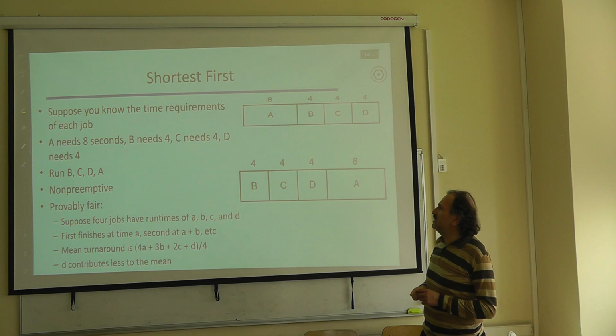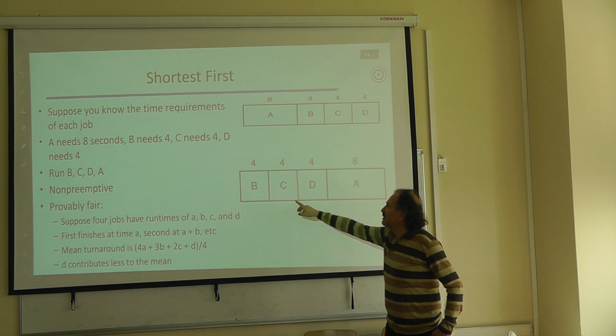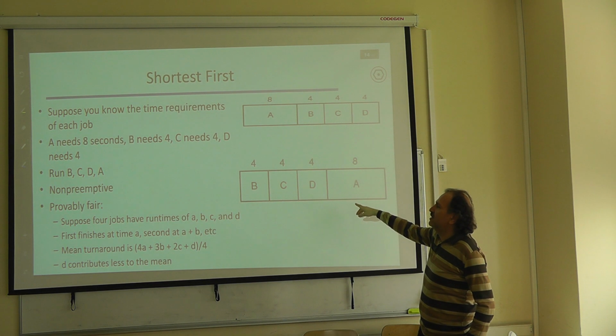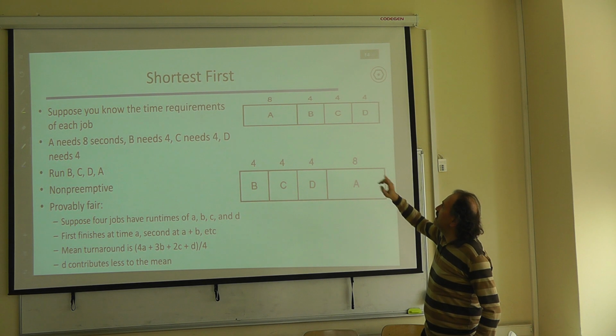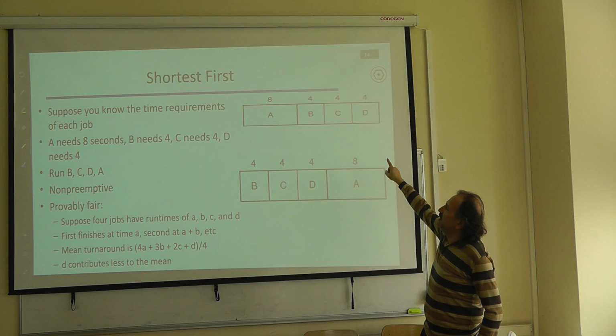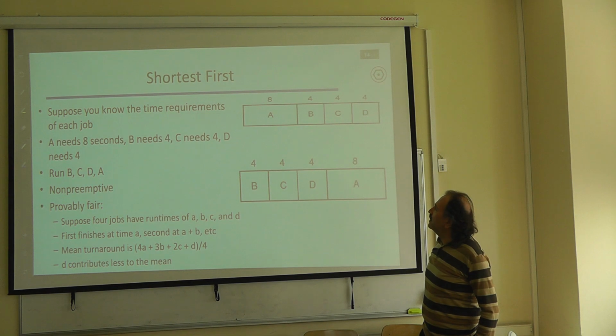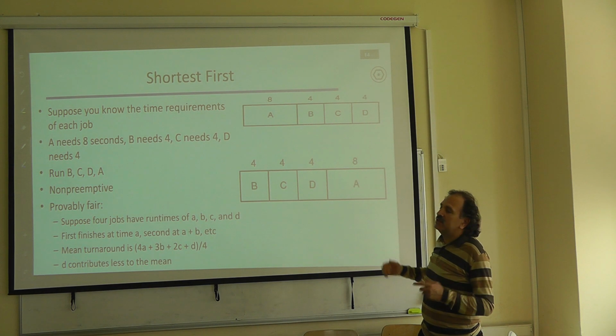But what would be the difference? The difference would be the wait time for these B, C, D jobs. In that case, B, C, and D all have to wait for A to finish, right?